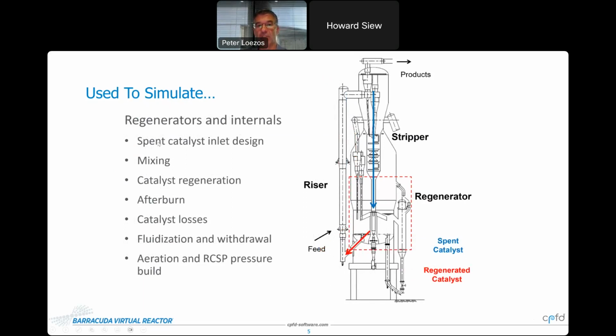We look at spent catalyst inlet design, mixing and catalyst regeneration within the regenerator bed, afterburn, catalyst losses, fluidization and withdrawal, and finally aeration and pressure build within the regenerator standpipe. Although I'm not going to focus on this today, we also do study the RTD, riser termination devices, and cyclone systems.